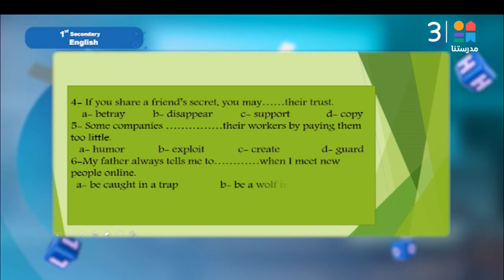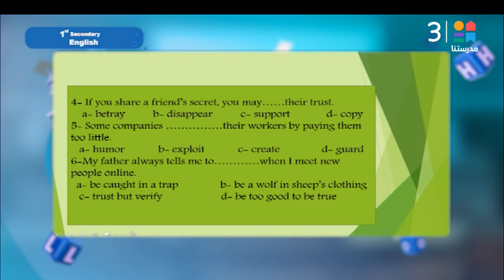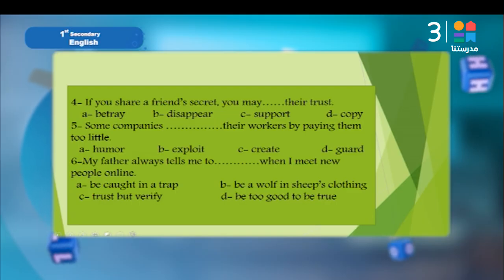Let's take another one. My father always tells me to space when I meet new people online. What was the piece of advice? Do you remember what the older people say to us? How did they advise us in such a situation when I meet new people online?